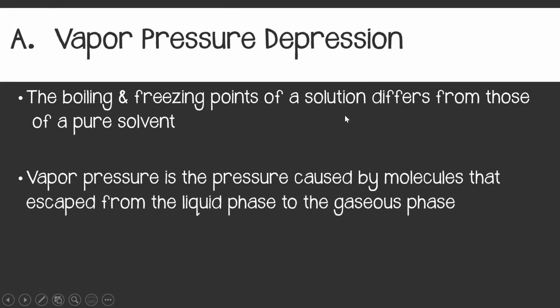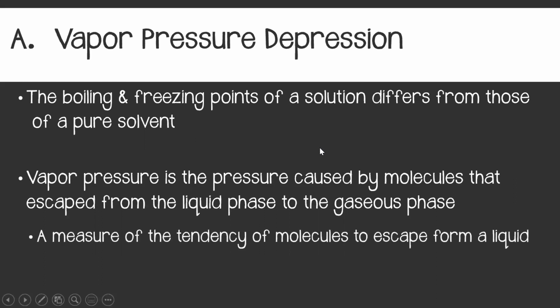You also need to know that vapor pressure is basically the pressure caused by molecules escaping as they vaporize. So they go from the liquid phase to the gaseous phase, the pressure that happens when that change of state occurs. You can also say that vapor pressure is a measurement of what tendency molecules have to escape from the liquid form and go to the gaseous form.